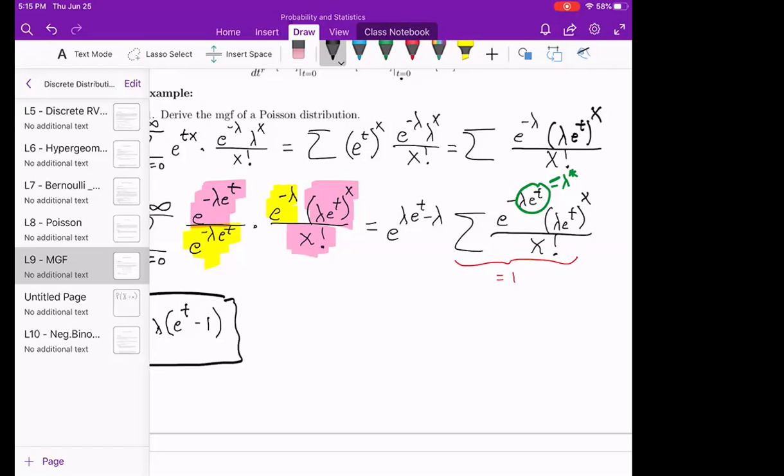And so that's why I said lambda e to the t you could view as just lambda star, which means what you have is something of this form. And that is the form of your Poisson distribution.